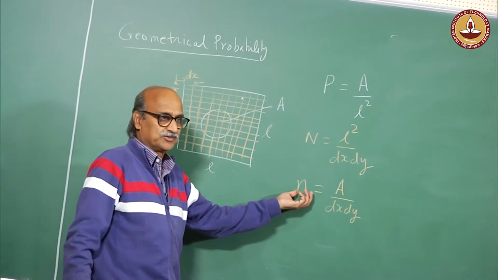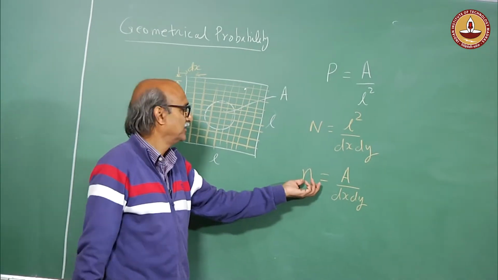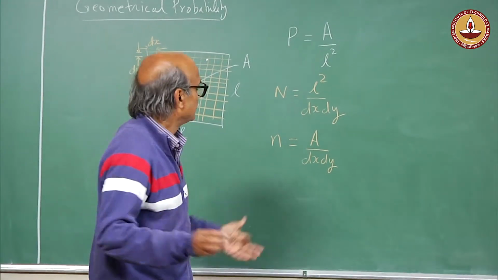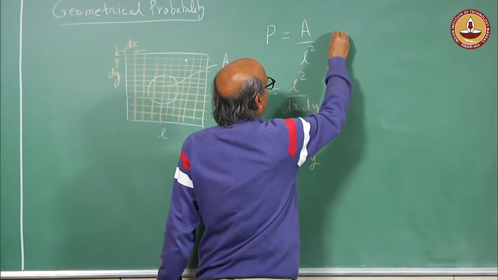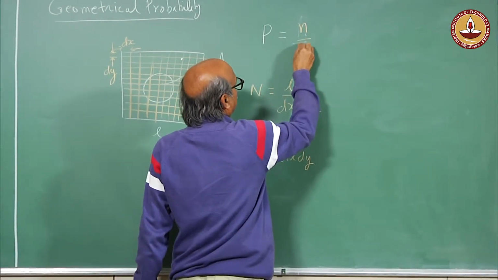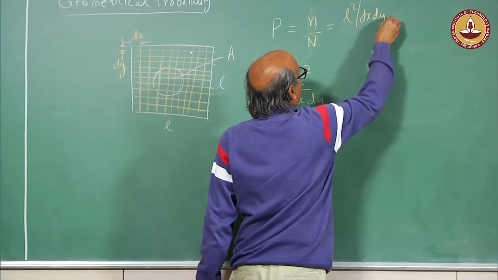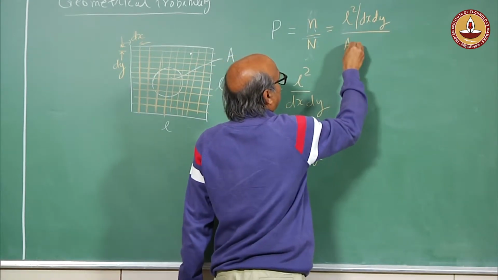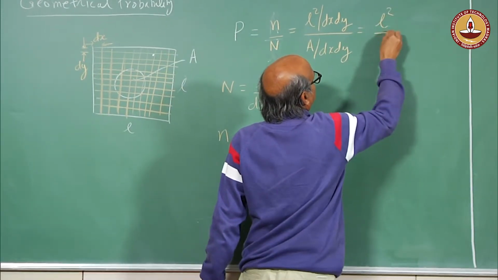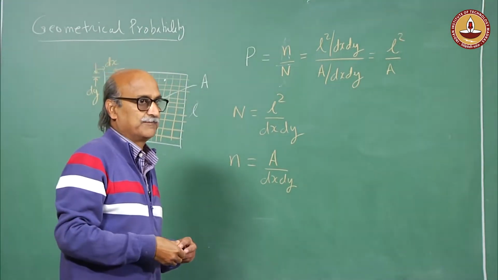So, small n becomes the total number of favorable elements or favorable outcomes, and capital N is all possible outcomes. So, probability P, instead of writing it here like this, let me write it as small n upon capital N, which is L square dx dy divided by A divided by dx dy, and this very clearly would give you the result that we had intuitively said should be the result. Okay.